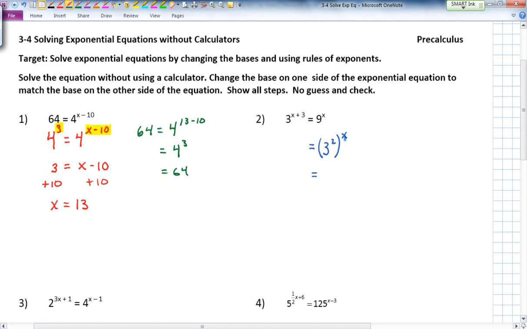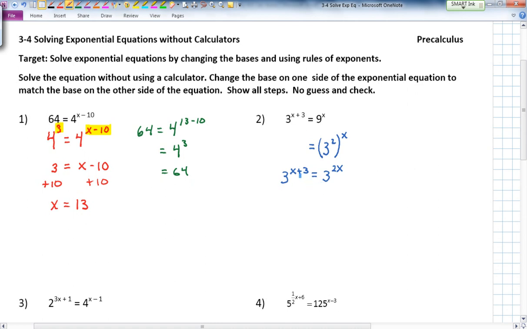So I would multiply 2 times x and I'm going to get 3 to the power of 2x on the right side now. The left side is still 3 to the power of x plus 3. So by changing the base 9 into a base 3 problem, I'm then able to use my exponent rules, multiply the 2 and the x, to create a base that's equivalent on the right and the left.